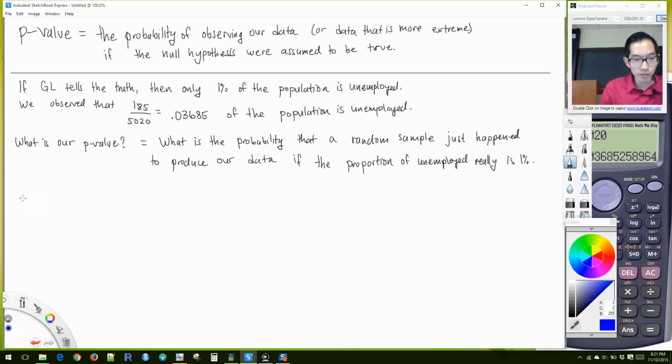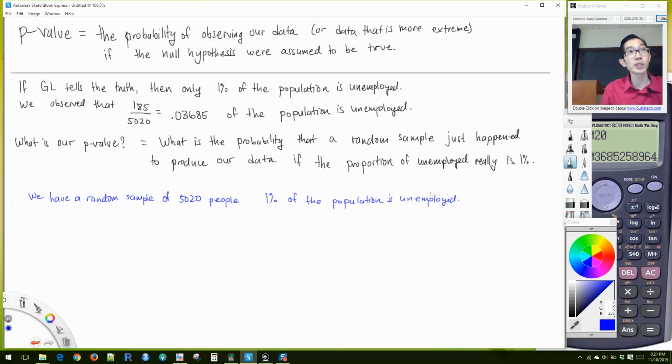We have a random sample of 5,020 people. 1% of the population is unemployed, because we're assuming that the null hypothesis is true.